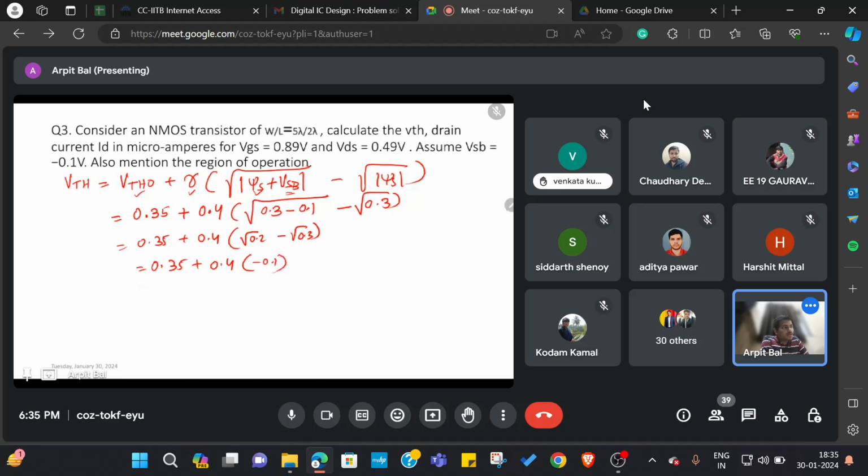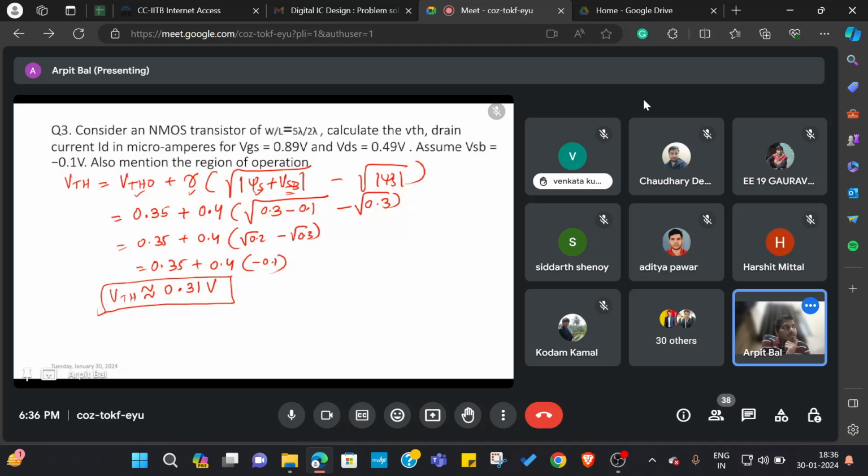That is approximately equal to 0.31 volt. So this is our VTH in this case. Now, like we did in the previous case, everything else will be the same, only the VTH is going to change. We have figured out what the VTH is.